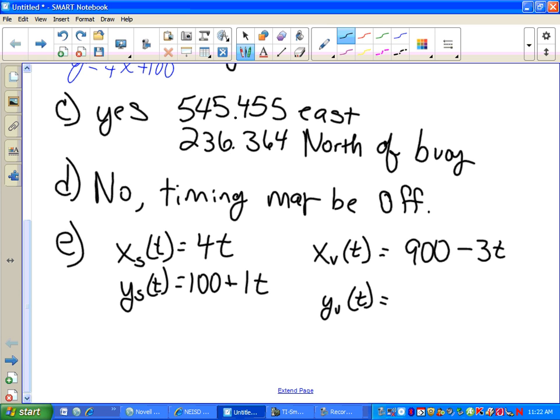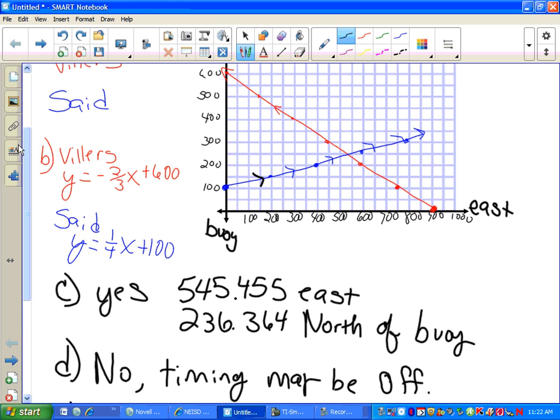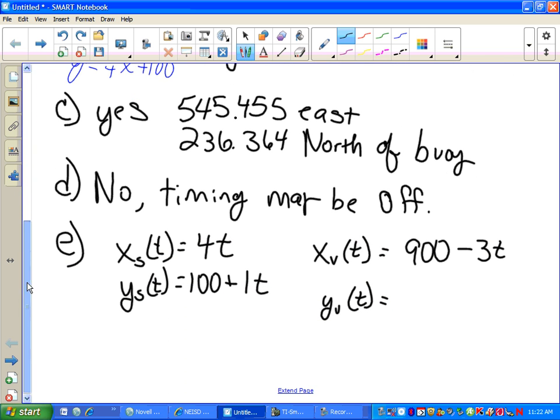And then in the y direction, did I start up or down from the buoy? Nope. I started even vertically with the buoy, but moved 2 meters north. So we're going to have 2t. Those are your parametric equations for this scenario.